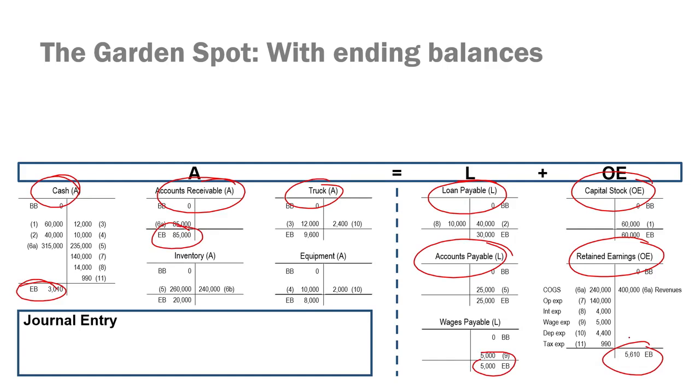All we're going to do is list each of these account names on that balance sheet in its appropriate section, and we're going to pick off the ending balance in its T account and put it on the balance sheet right beside the account name. Let's see how easy that is.